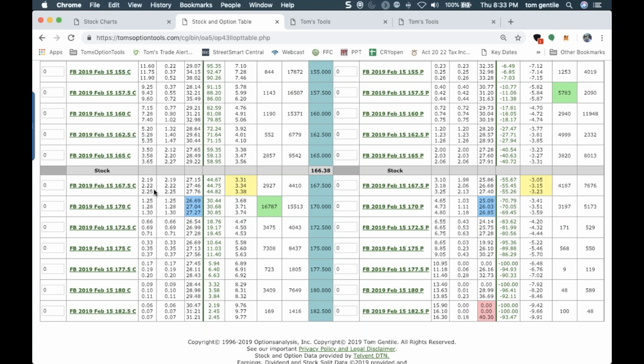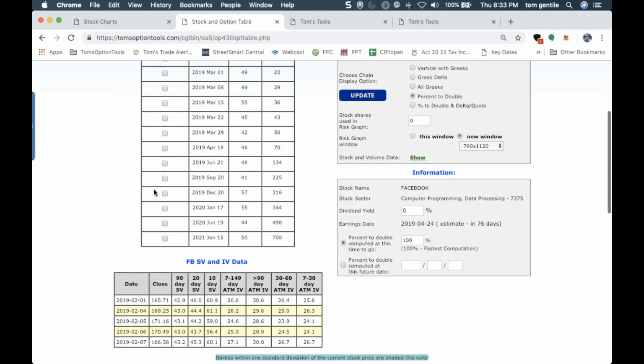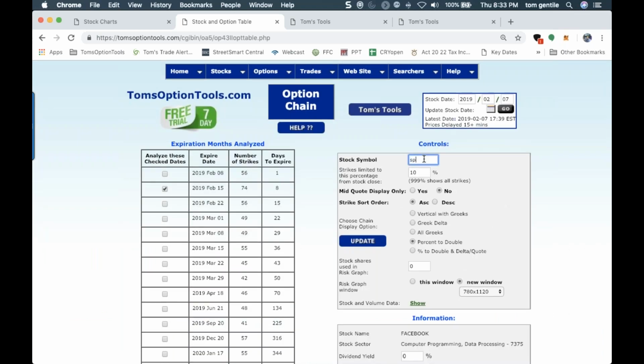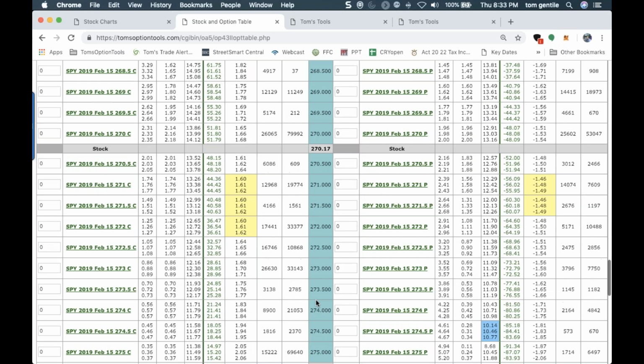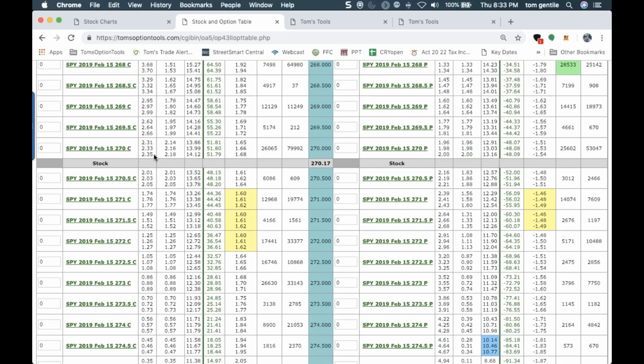If you want to see something that's really tight, take a look at this. SPY, the S&P 500 ETF, one of the most liquid traded optionable ETFs out there. Here are the Feb 15s. Look at all these strikes, a ton of them. 270, 231 by 235, that's 4 cents.